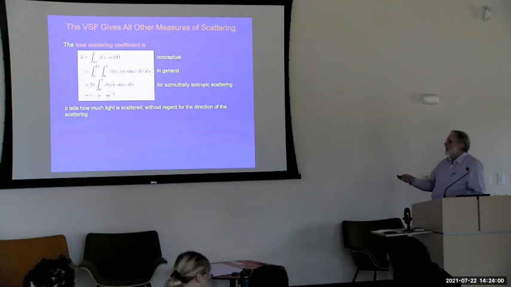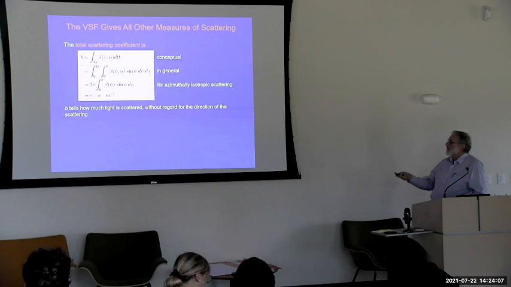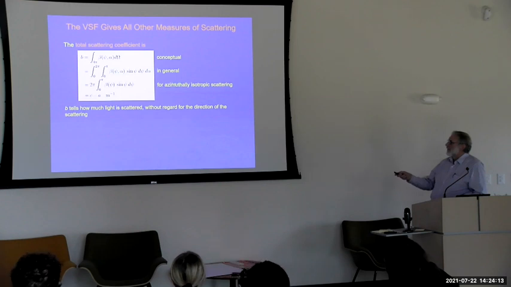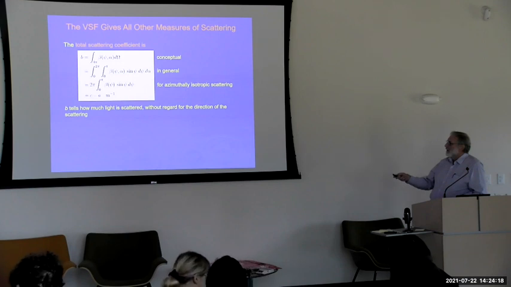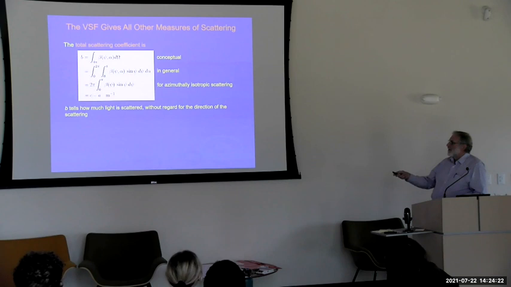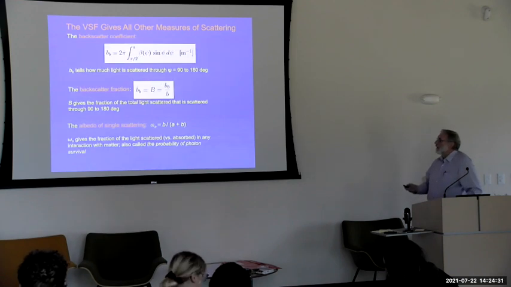How you do that is you need to know the volume scattering function as a function of psi and alpha, and then you can integrate over directions, polar angle psi, azimuthal angle alpha. For azimuthally isotropic scattering, as Colin showed you, the d alpha integral just becomes 2 pi, and you see this. So there's how you get the scattering coefficient from the volume scattering function. And this, of course, is beam attenuation minus absorption.